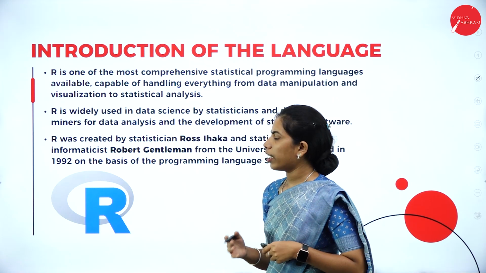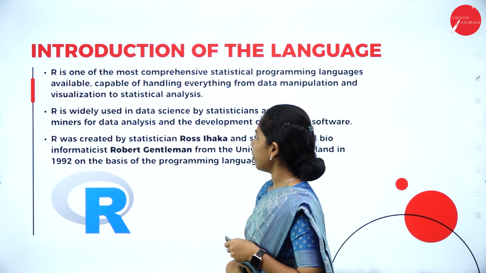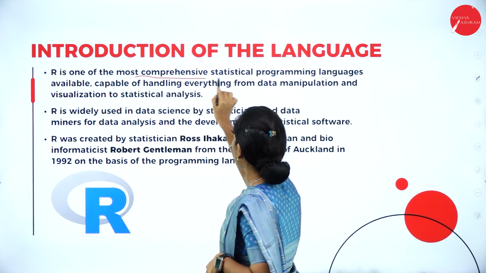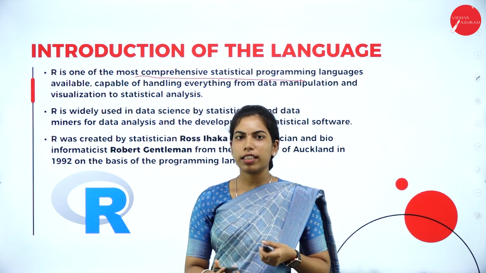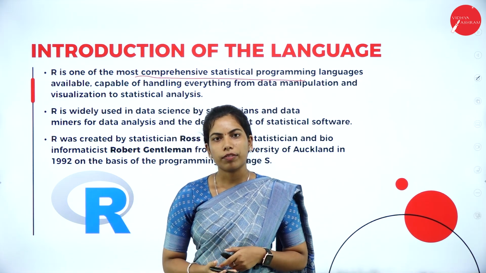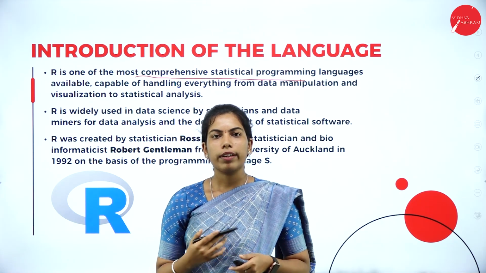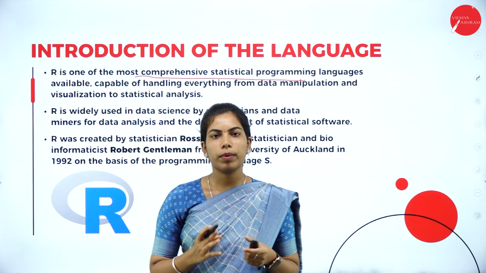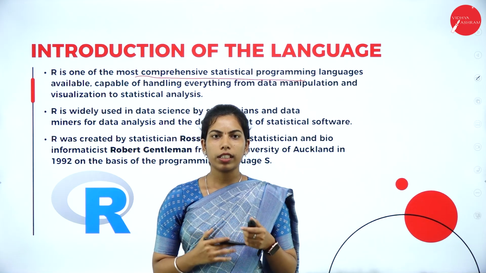Here you can see the introduction of R programming: R is one of the most comprehensive statistical languages. R is mainly used for statistical purposes, and it is also a high level language. Why do we call it a high level language? Because it has human readable formats, like the English language.